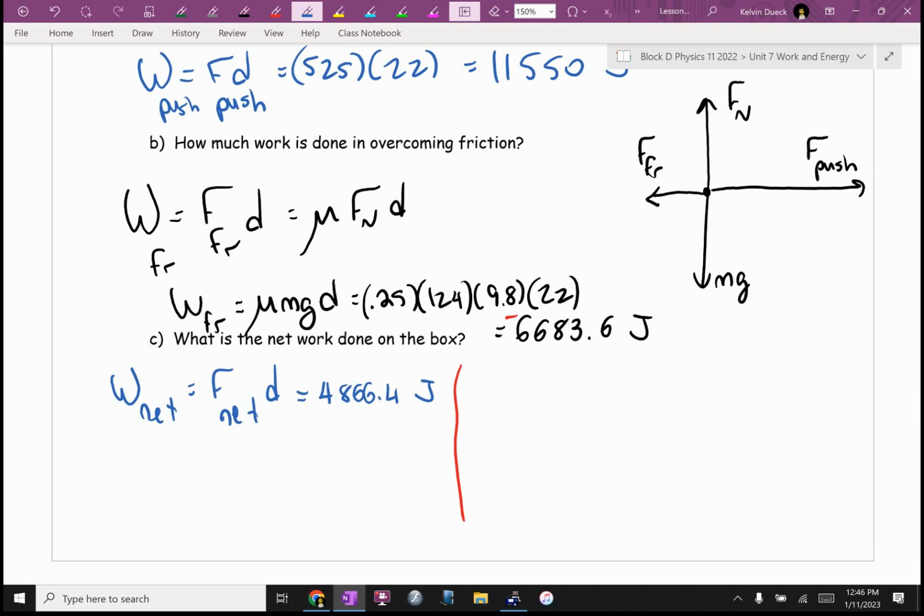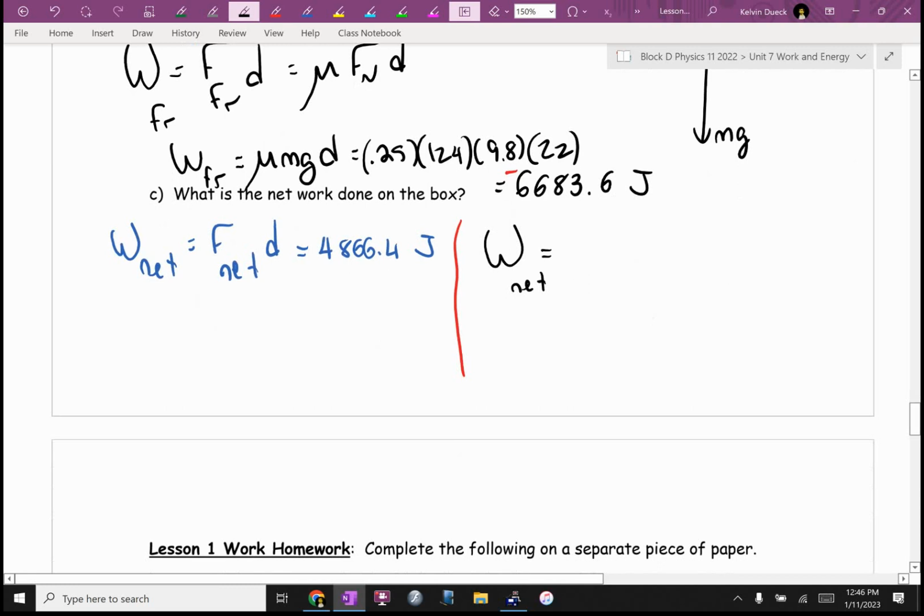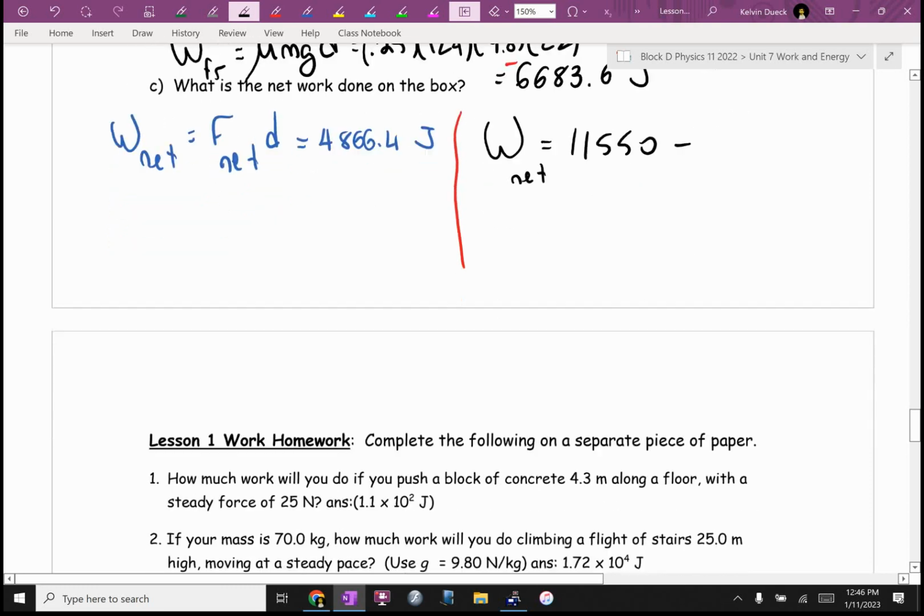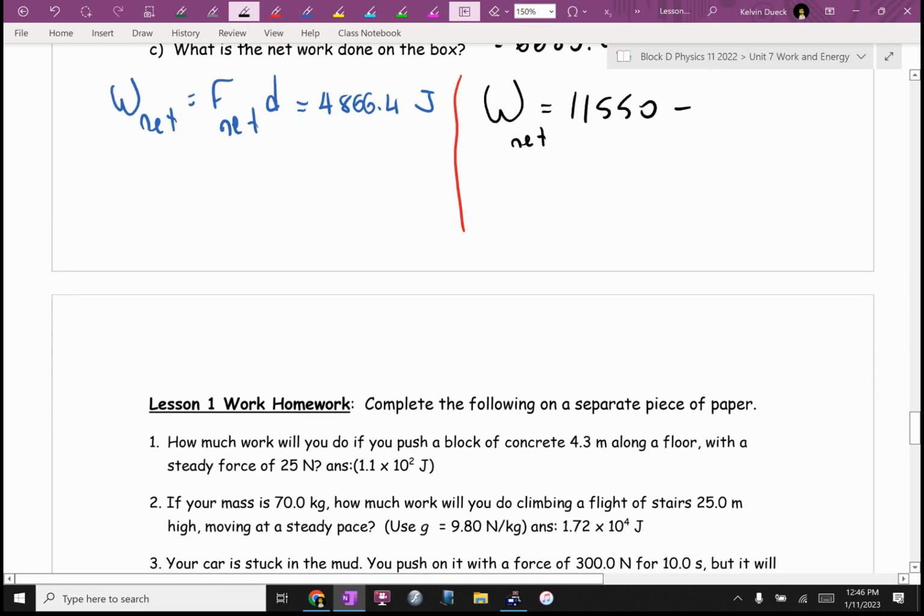There's another way that I would probably do this. You know what I would say instead? And this is why we drew a line. Work equals, so here's the net work. What's the total work we did in part A, Gibson? What's the total work we did in part A? That's how much work this person did minus, Noor, how much energy did we lose to friction?